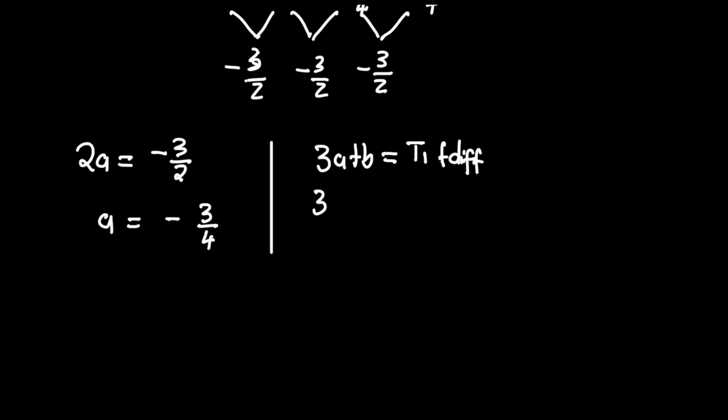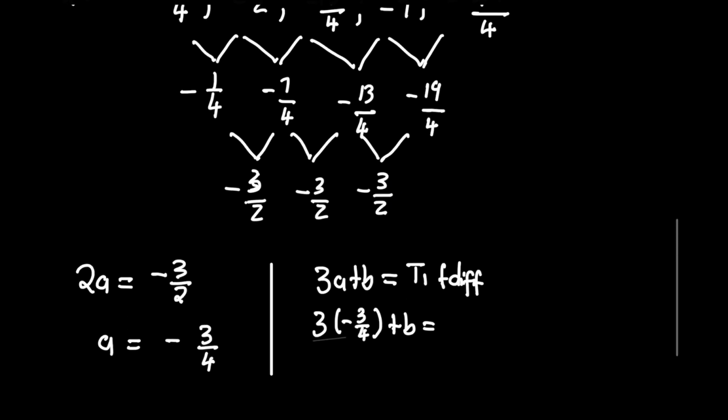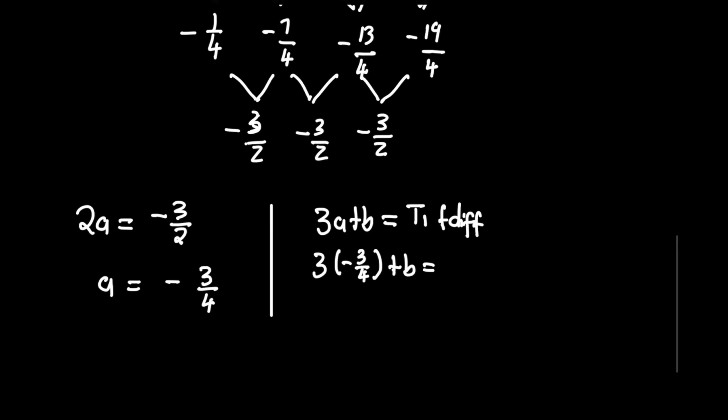So it's 3 multiplied by the value of a that we just got, plus b, which is what we're looking for, equals -1/4. And now b equals 2.